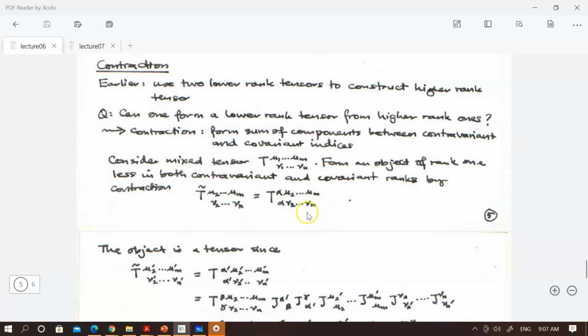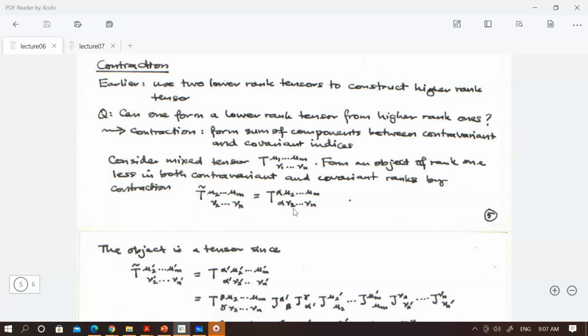Without loss of generality, we take the first contravariant index on top to be the same as the first index at the bottom. When we have the same index, we have to remember that we sum over that index, and that index is a dummy index.